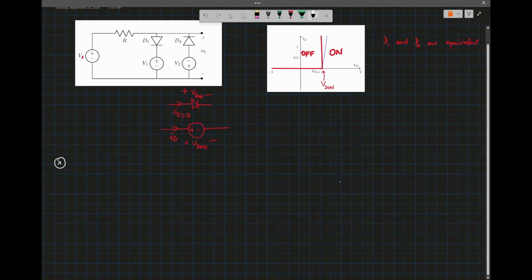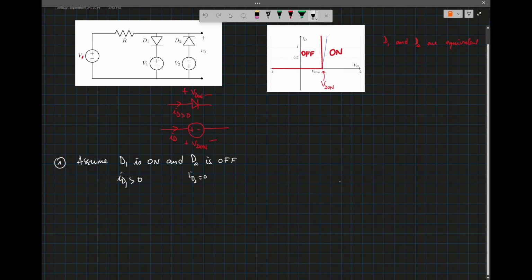For case one, I will assume that D1 is on and D2 is off. So D1 is on, that means ID1 will be positive, and the current through diode D2, ID2, will be 0.